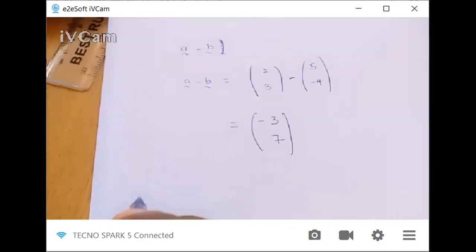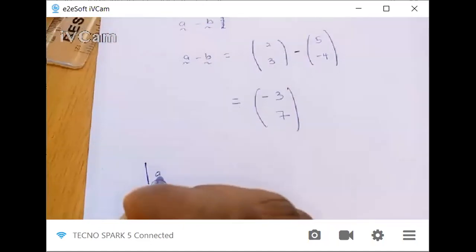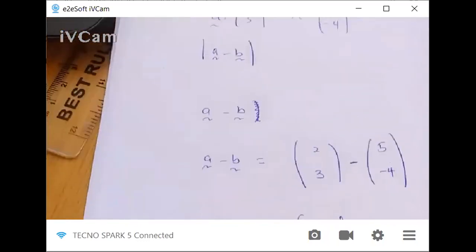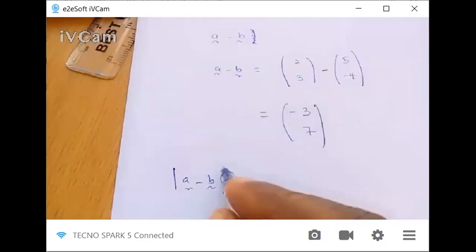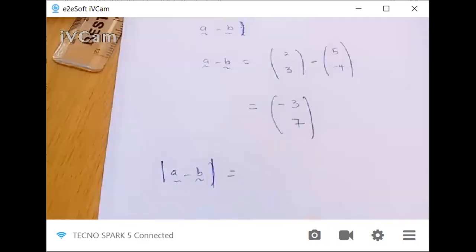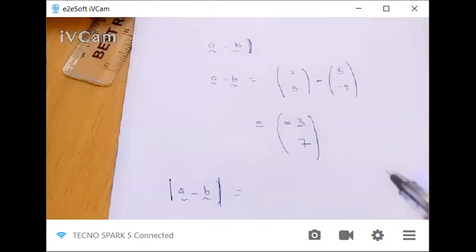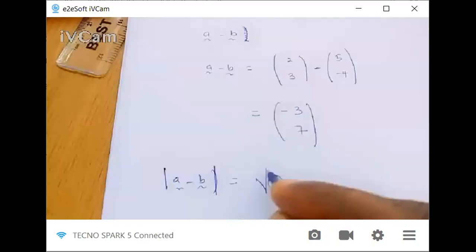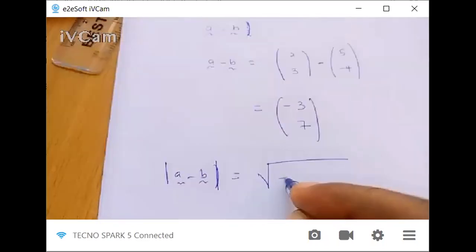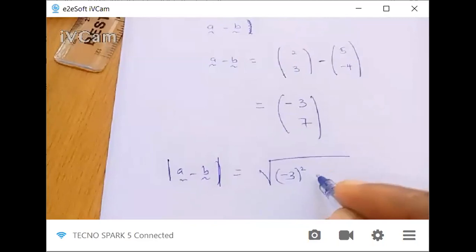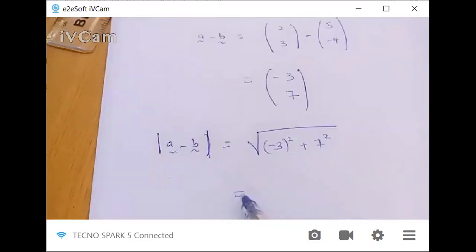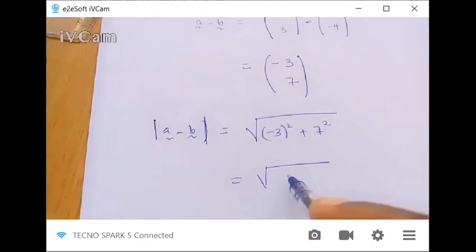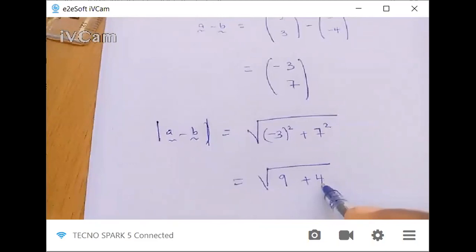Now, to get the magnitude of A minus B, it is going to be the square root of -3 squared plus 7 squared. So you have the square root of 9 plus 49.